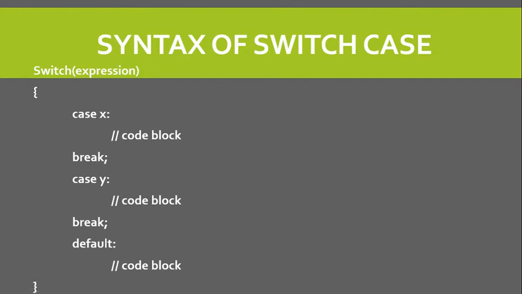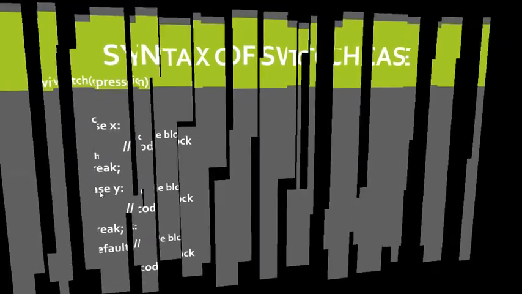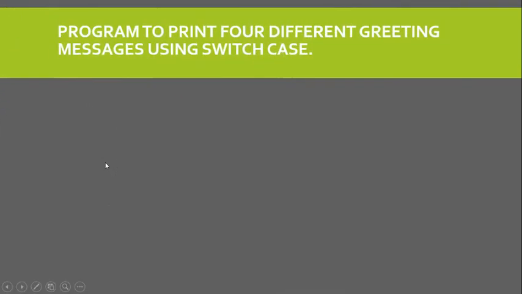Now this is how it works. The switch expression is evaluated once. The value of the expression is compared with the value of each case, X, Y. If there is a match, the associated block of code is executed.